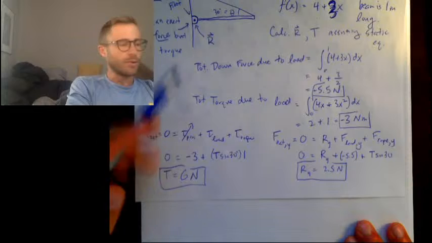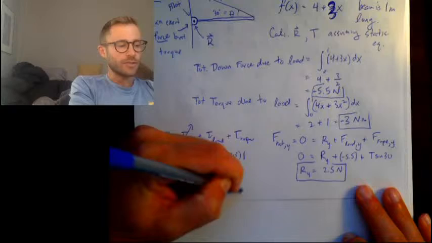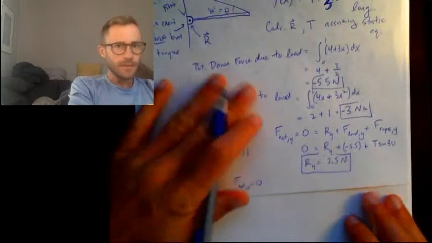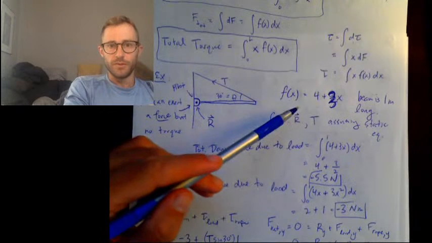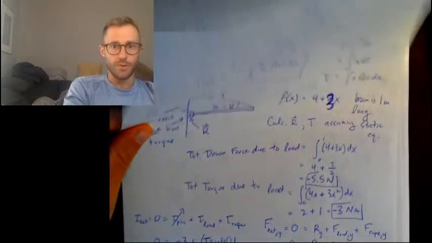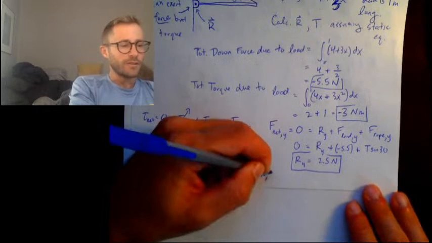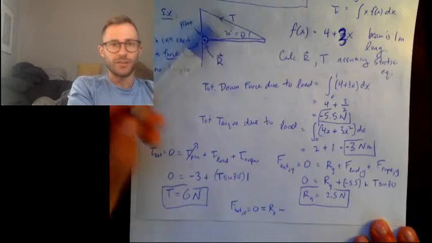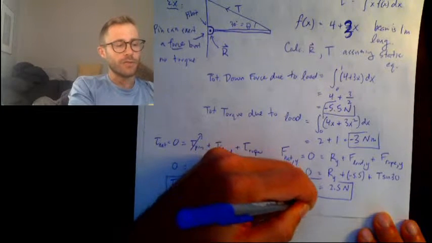Now we want to get the x component of the force from the pin. The net force in the x direction also has to be 0. This force right here is the downward force on the beam due to the load, so there is no horizontal force on the beam due to the stuff sitting on top of the beam. So all we have are r sub x and the horizontal component of the tension, which is pulling to the left, so it has a negative sign, and it's going to be T cosine of 30.